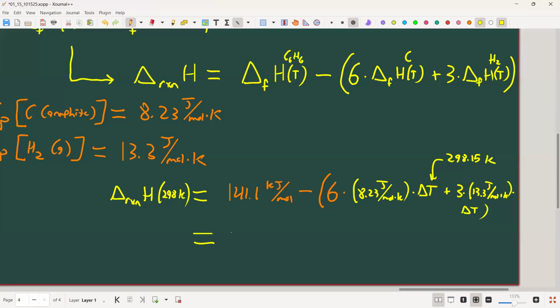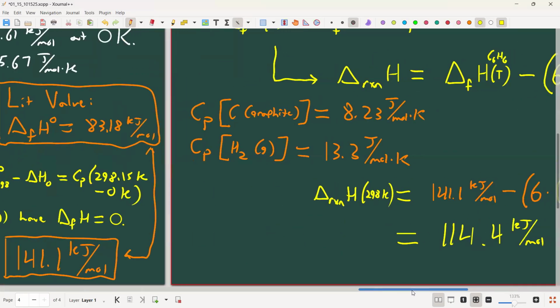And the value you get from this calculation is 81.86. No, sorry, that's wrong. That's wrong. All right, that's the next problem. 114.4 kilojoules per mole.